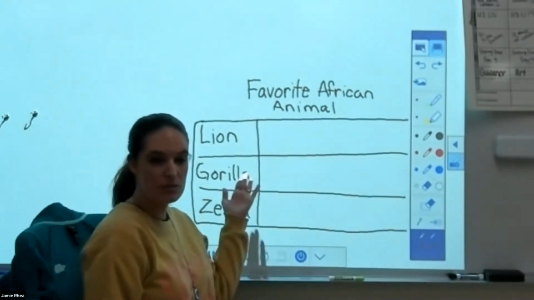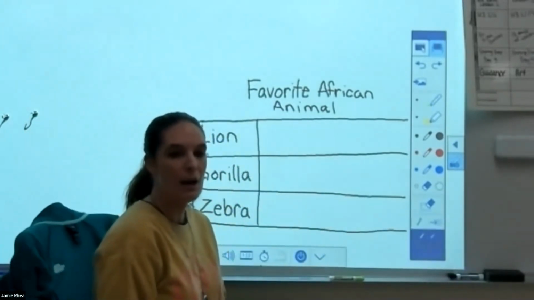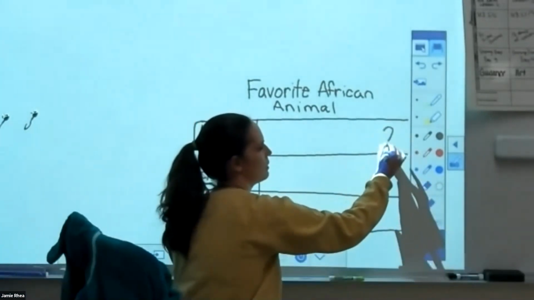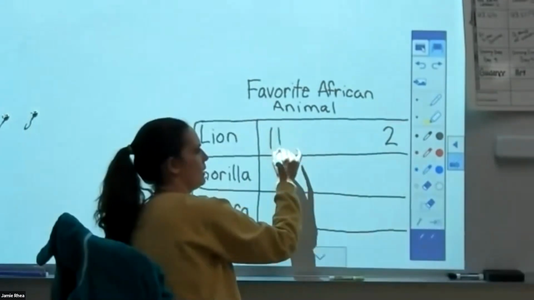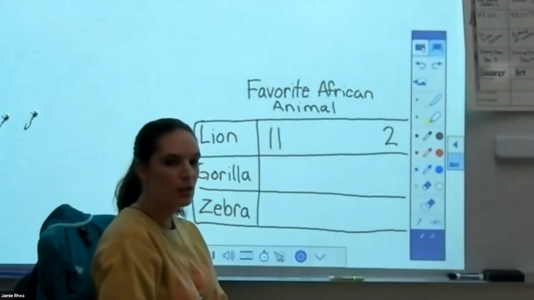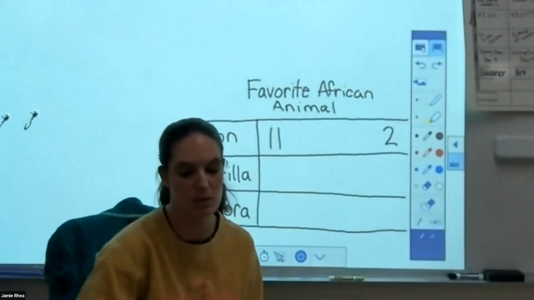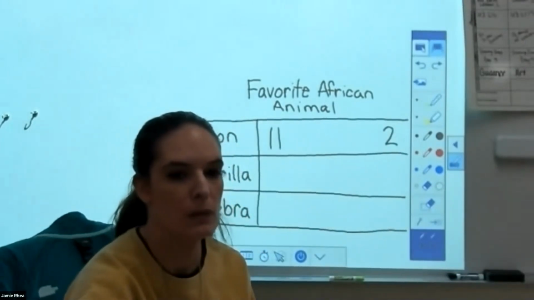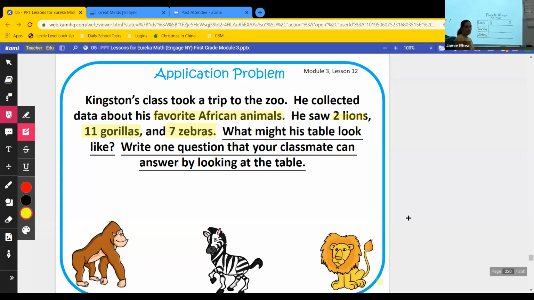Now let's go back and make some tally marks for each animal. How many did they say they saw for lion? 2. I'm going to put 2 tally marks out here. How many for gorilla and how many for zebra? Let's go back and look. We had 11 for the gorilla and 7 for our zebra. So let's make 11 tally marks.